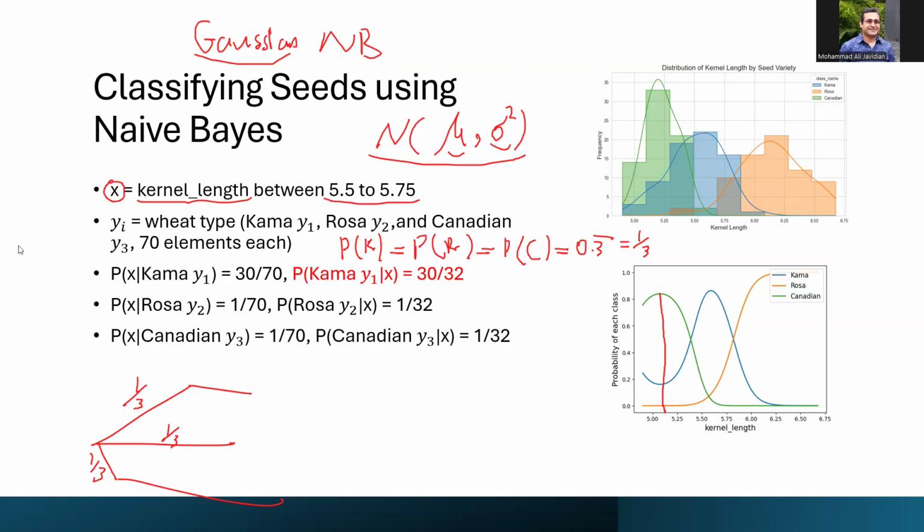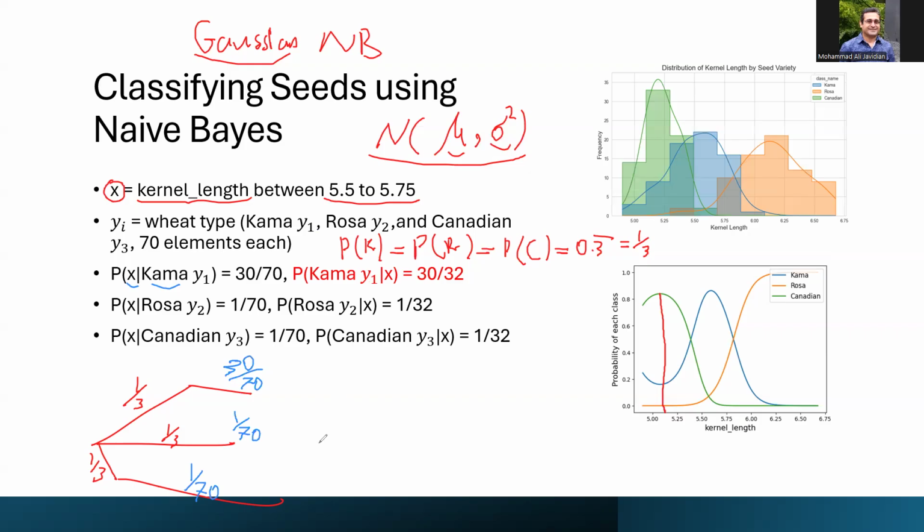And then you need to compute the probability of kernel length given that class. For the first class, it's 30 over 70. And for the second one, it's 1 over 70. Only one of them has a kernel length between 5.5 and 5.75. And for the third one also, there is only one seed that falls in this range.